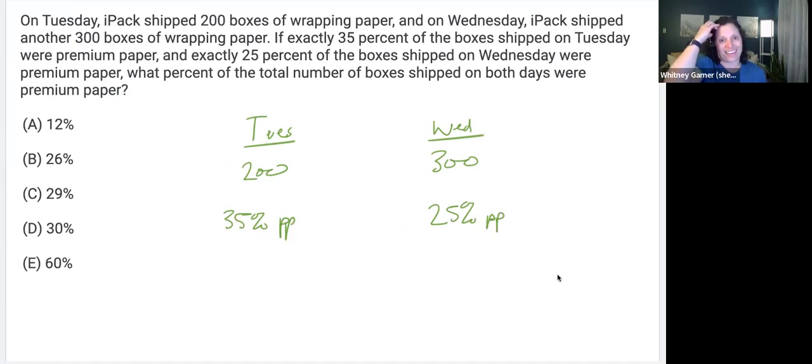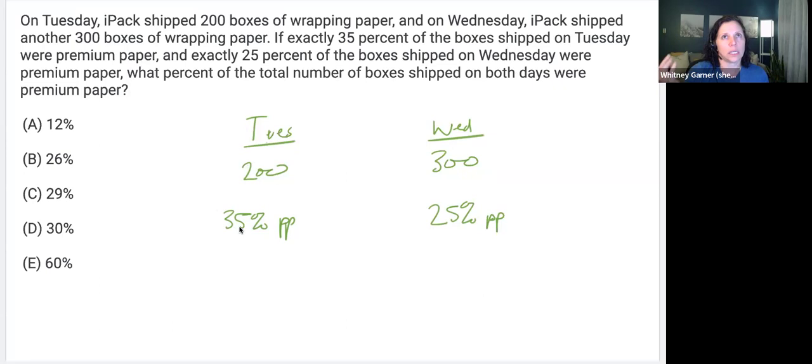So here's the thing. If I'd only shipped boxes on Tuesday, then the percent of the boxes shipped that were premium would be 35%. If I only shipped boxes on Wednesday, then the answer to my question would be 25.